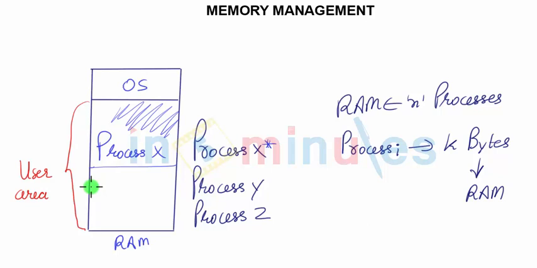But we soon understand from the example that even after giving process X space in the RAM, a good amount of area is free, which can be given to another process. That's the reason in memory allocation, the more important factor is who, how, and how we will work. So let's go with it.